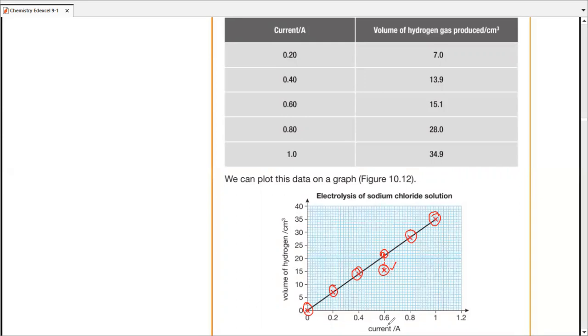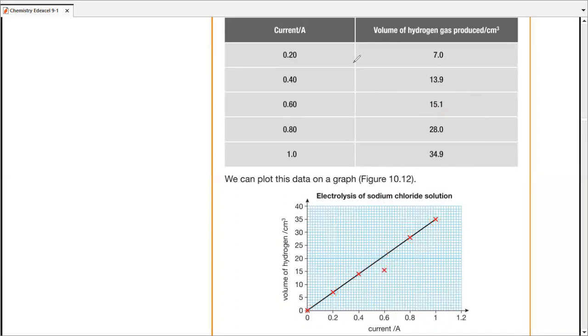Currently I have this much volume coming out, but it shouldn't be this. I'm sorry, my bad, my lines are wrong. This is the right line, this is not the right line. And what it should have been is something like this. So this reading is incorrect. It should be closer to 21.0 or so, as what I extrapolate from this graph.